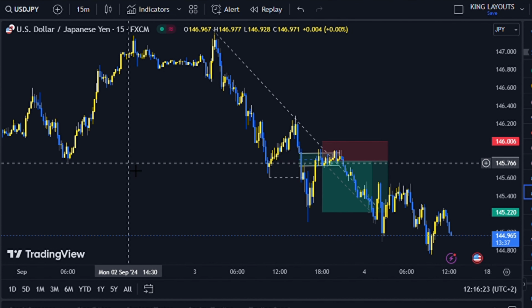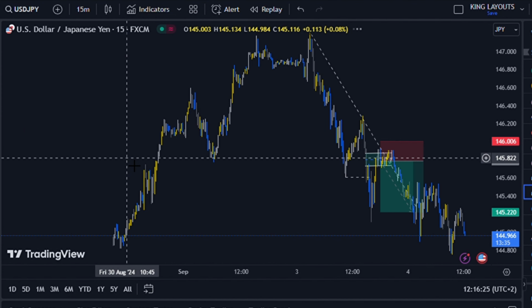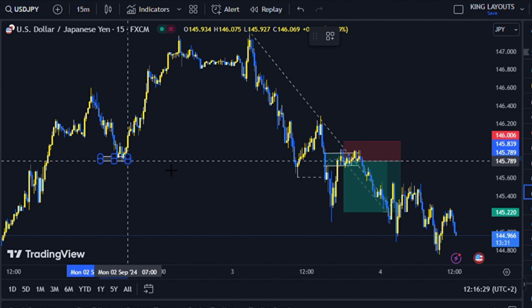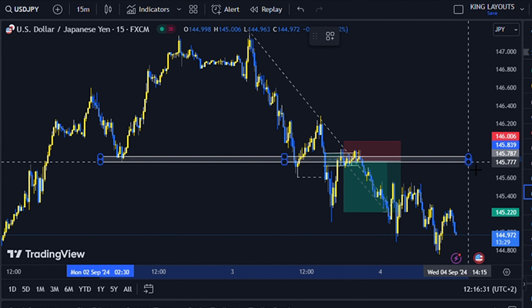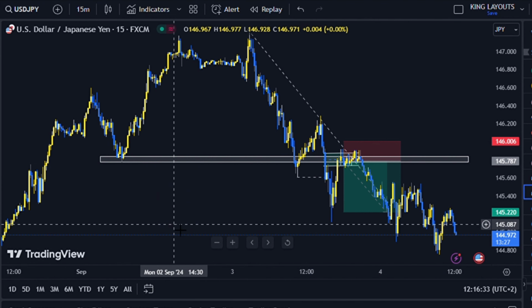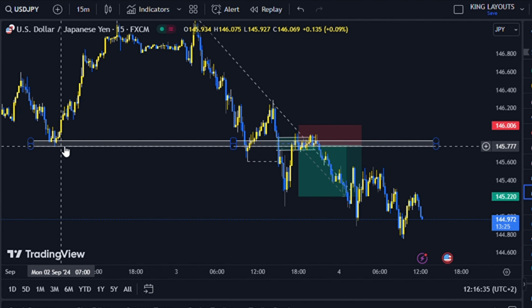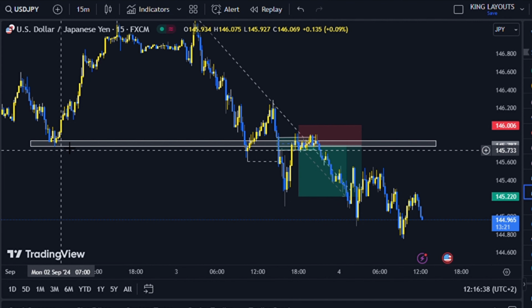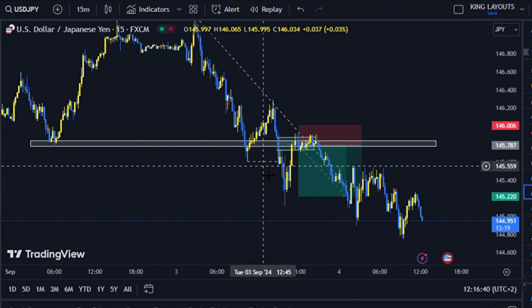And then we also noticed this zone here, which is quite a significant zone.